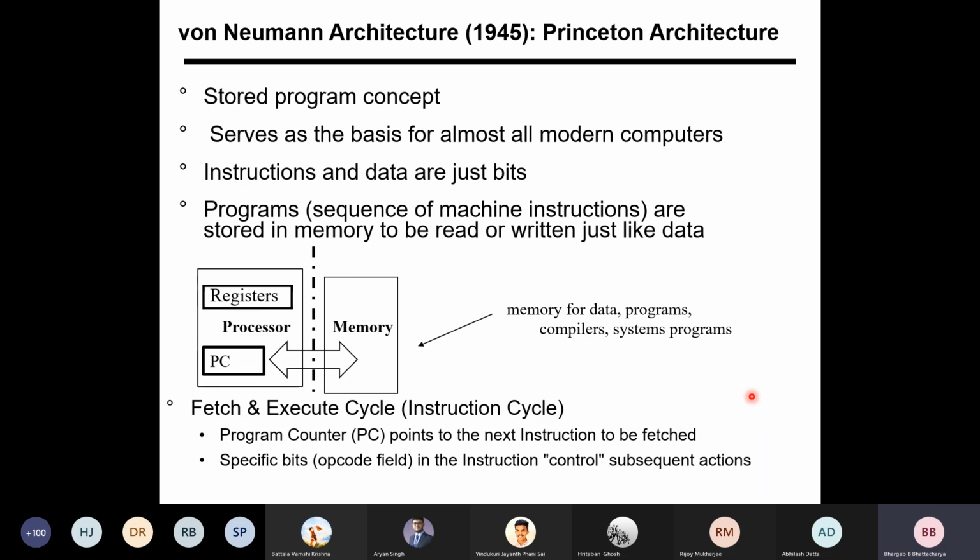Depending on your instruction set, you encode each instruction by a distinct opcode, and that opcode would occupy certain specific bits in your instruction, which may be assumed to be 32 bits. All right. So you fetch the next instruction by this mechanism and continue.